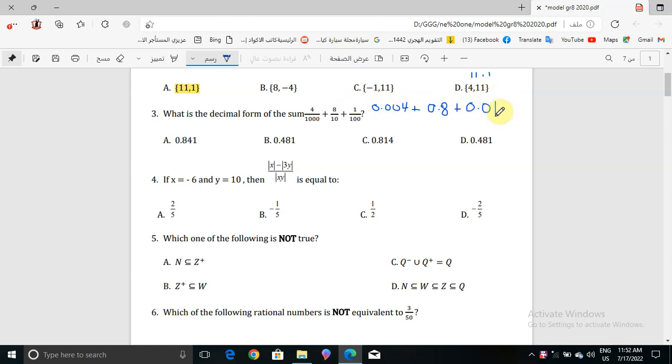Then when you add all, you will get 0.814. So the correct answer for question number 3 will be choice C.